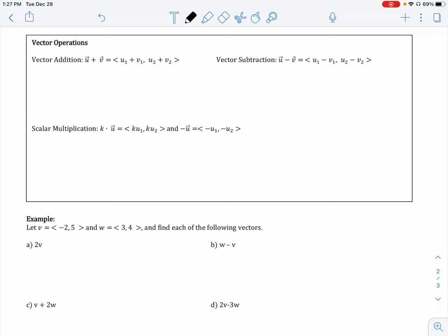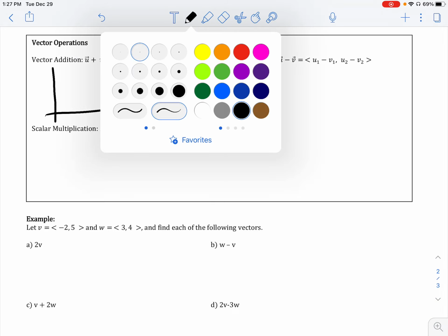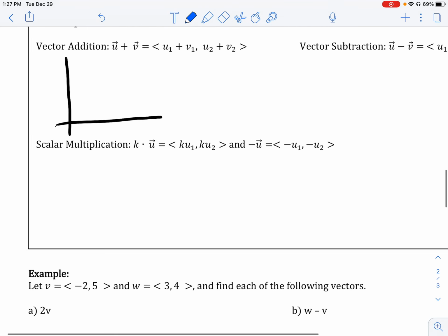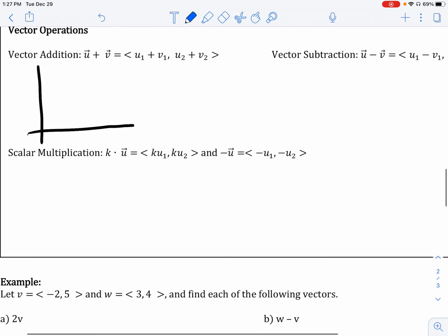So first off, there's vector addition. And what this means here is if I were to have vector u, and let me just go ahead and draw kind of an arbitrary vector u. So suppose vector u looks something like this, and I'll indicate this is our vector u with my vector notation. All right, so let's say that's vector u.